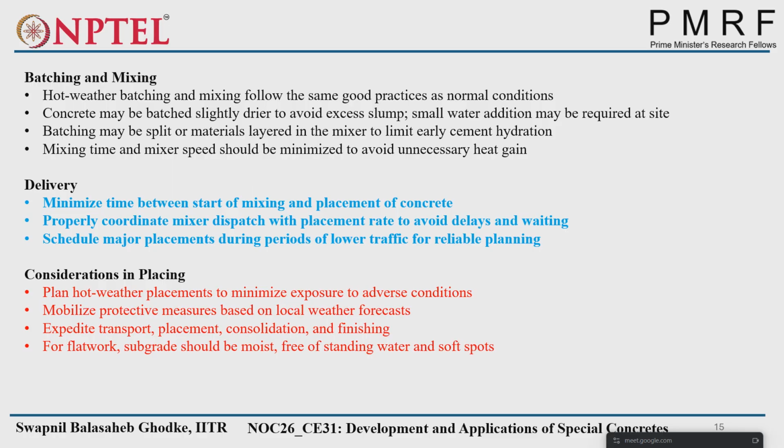For that purpose, if you are going for any subgrade which has to be joined with the new concrete, it should be covered with sunshades. And for flat work, the subgrade should be moist or sprinkled with water, free of standing water. Water should be sprinkled, but it should not be stagnant over the surface.